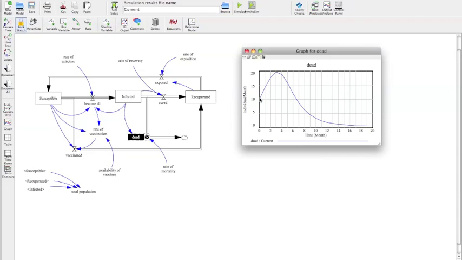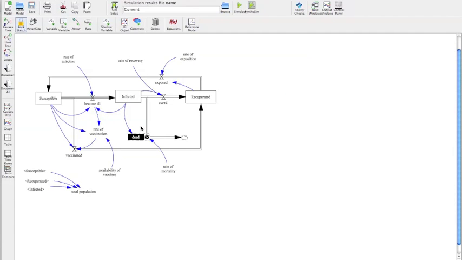There's about 10 people dead, and then it goes up to 20, and then it sort of graphs out until the end. There's very few people dying, but it does add up to the 100 plus people that were lost in the process. Okay. So that's pretty much it for this model of interaction.